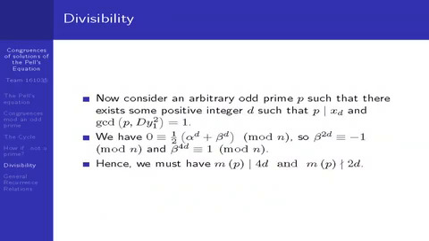So consider divisibility. If there is an arbitrary odd prime dividing x_d, what does it mean? From this, we have m_p would divide 4d, and m_p would not divide 2d.